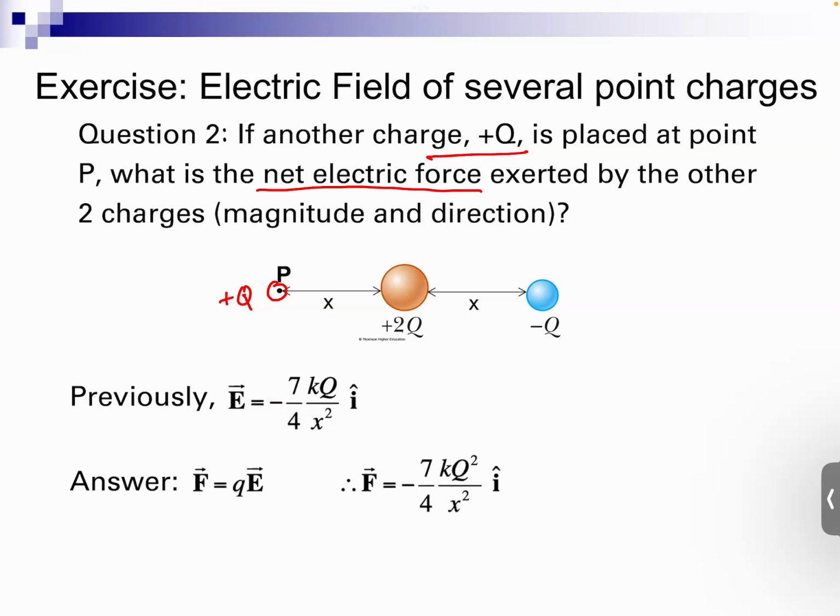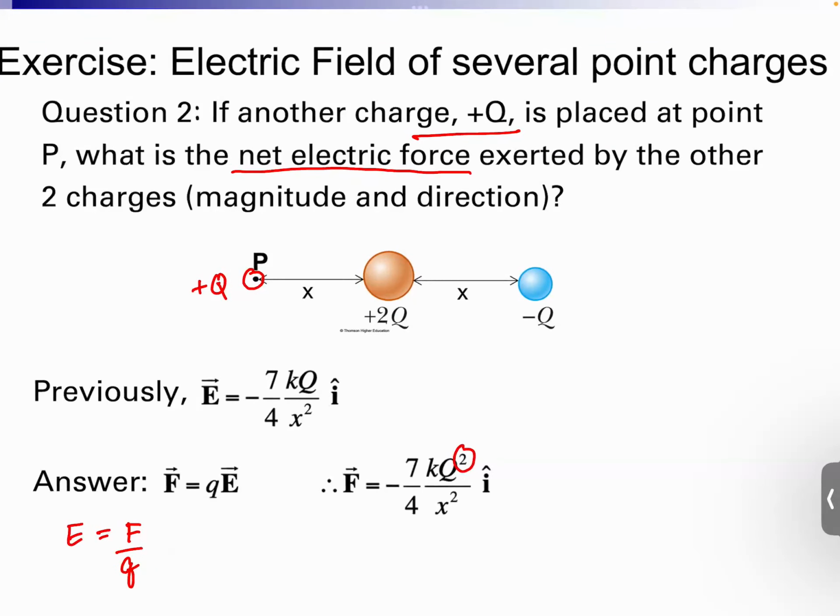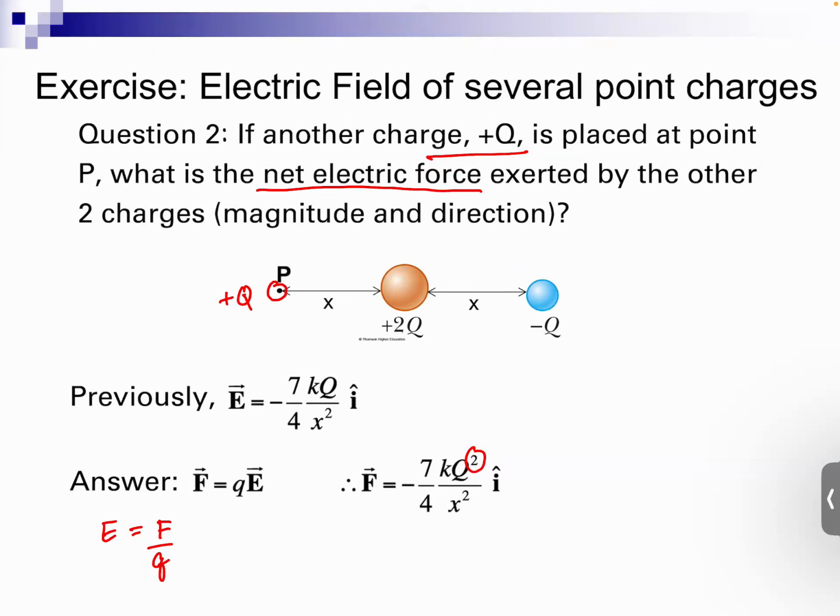And then use the definition for the electric field: electric field is force per unit charge. Therefore we can solve for the force by multiplying the electric field with the charge that you put at point P. Hence, the force is equal to -7/4 kq squared over x squared I hat.